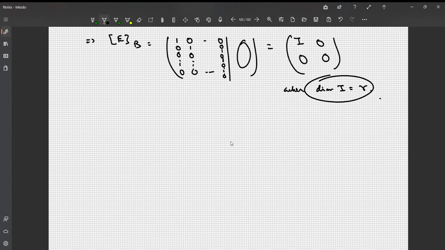Okay. Before moving on, we give a quick example of how a projection operator typically behaves. Let's go through a quick example.